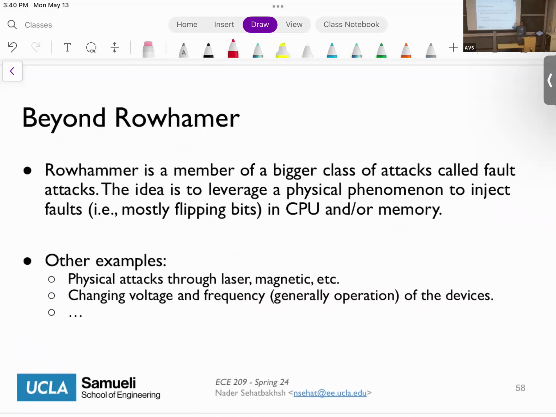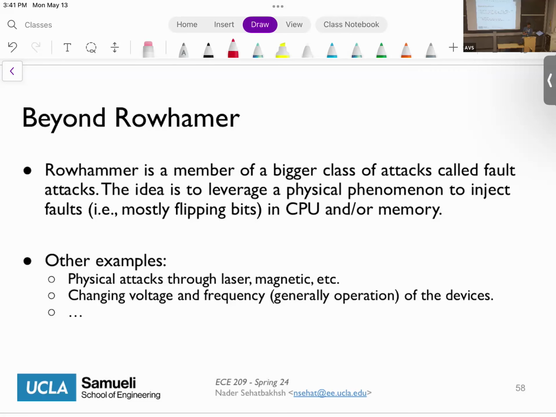So, last slide. Rowhammer is actually part of a bigger class of problems that we usually call fault attacks. Essentially, the idea of fault attacks is using some physical phenomenon in order to create some form of bit flips or errors or faults in the system. Rowhammer is the great and most popular example of it. But people have shown, for example, that if you have a very strong magnetic field and put it close to a device, it might flip some bits on the disk.